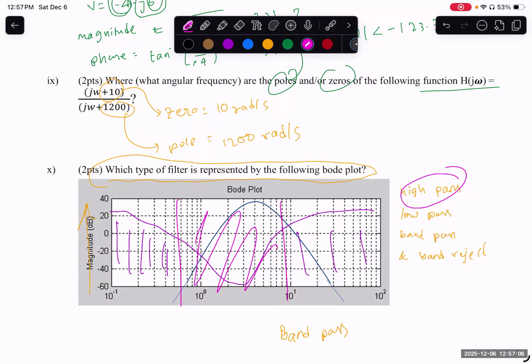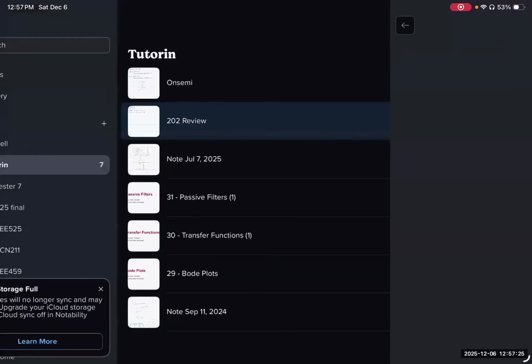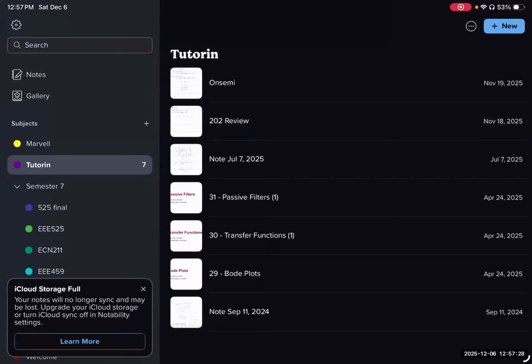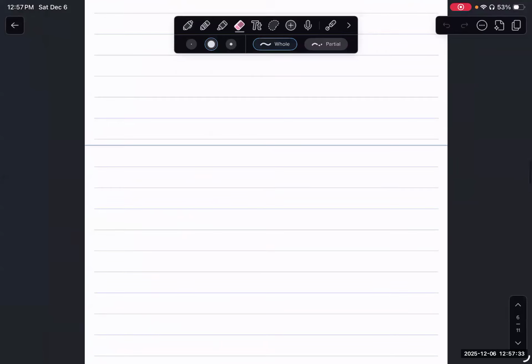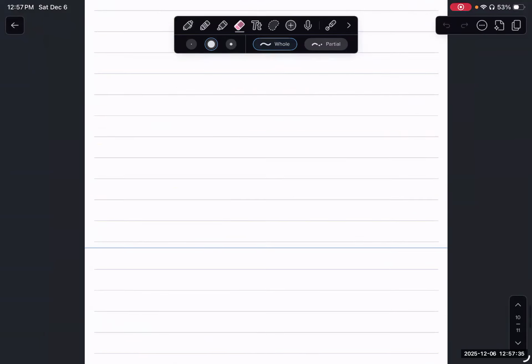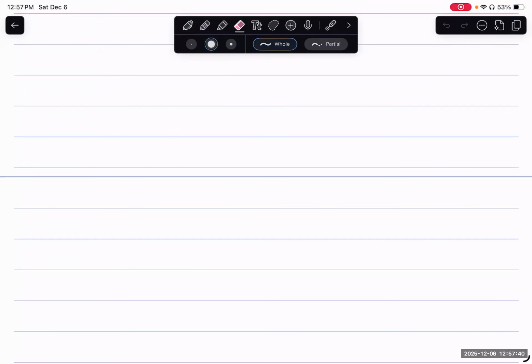All right. Moving on, I'll be solving a couple more problems from another practice exam. Basically, just going over some of the fundamental stuff, how to solve nodal and KCL problems.